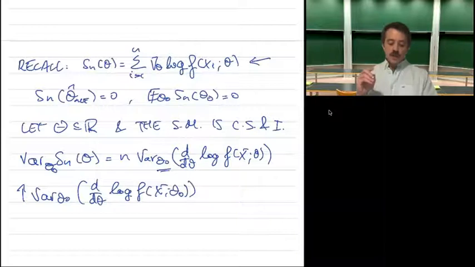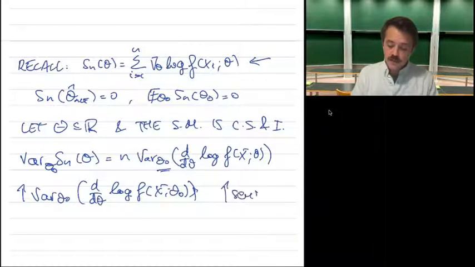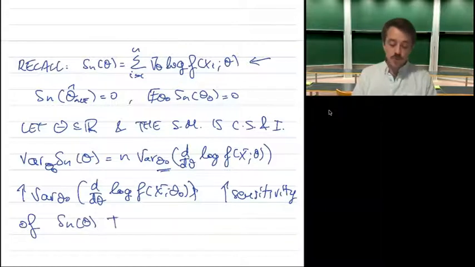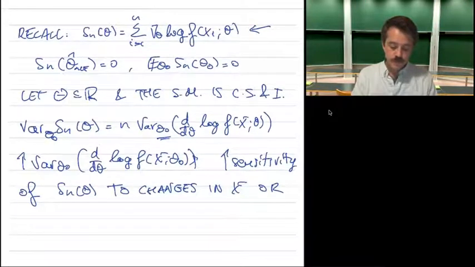The larger this value, the more variance, which means that if the right-hand side is larger, then the left-hand side is larger, so there is more sensitivity of S_n(theta) to changes in X, or equivalently in P theta naught.